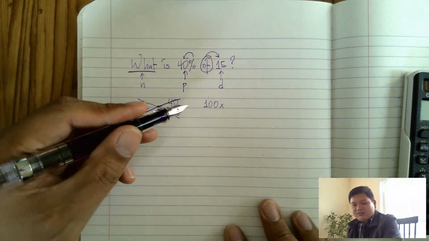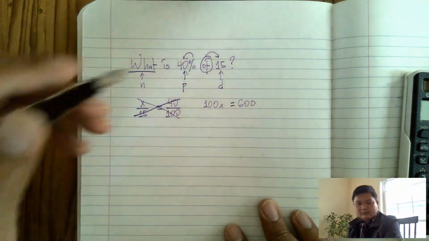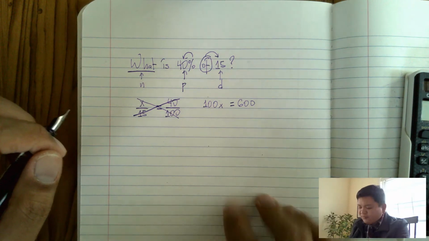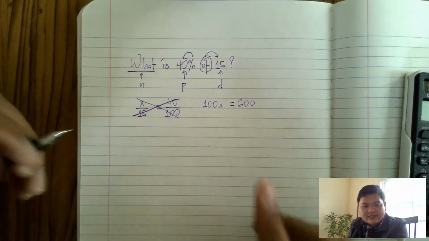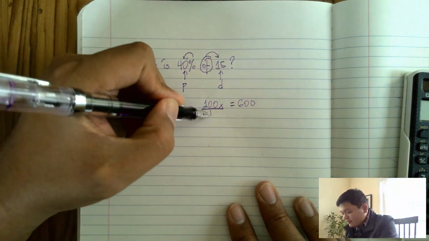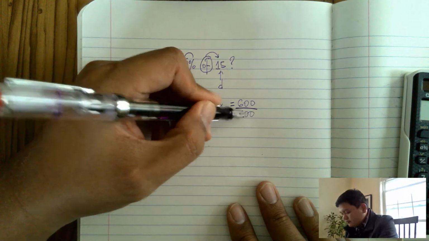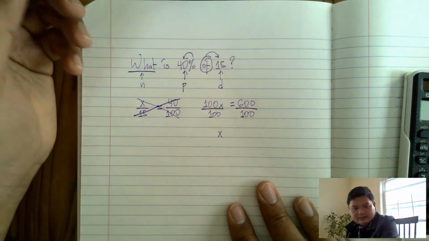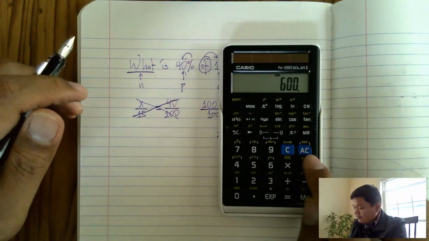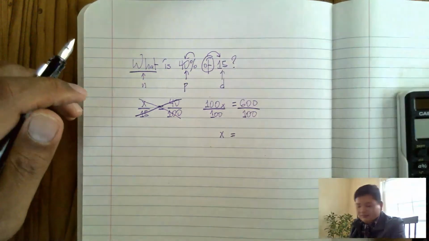So 100x is equal to 600. If 100x is equal to 600, then we can divide both sides by 100. Let's do that quickly, to get x is equal to, well, what is 600 divided by 100? So dividing by 100 gives me 6.